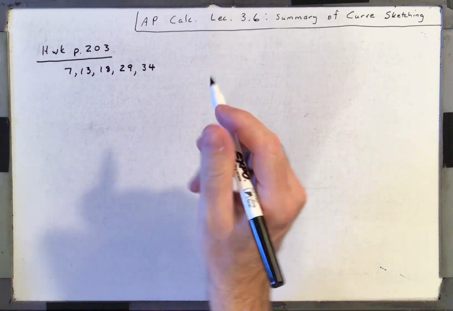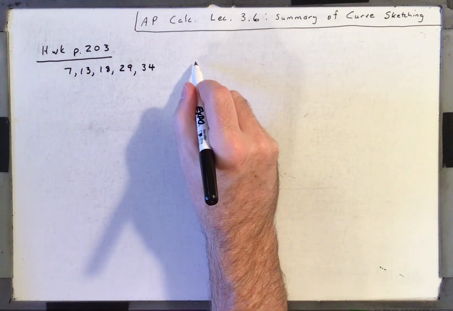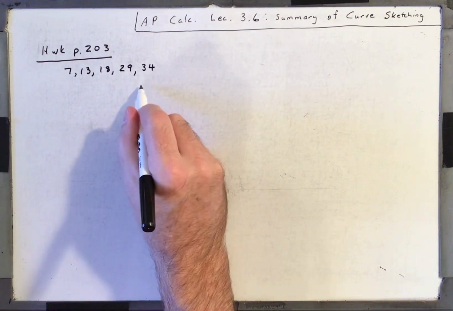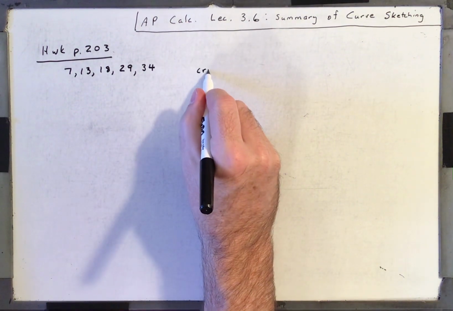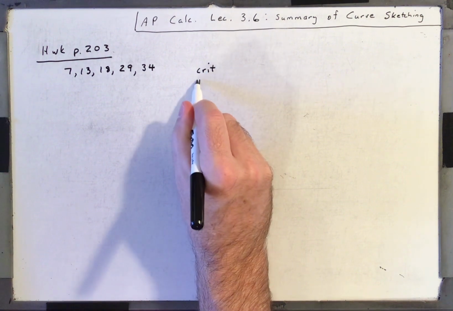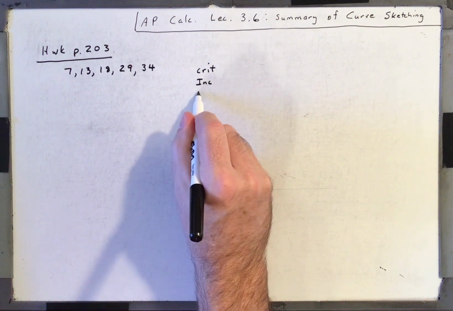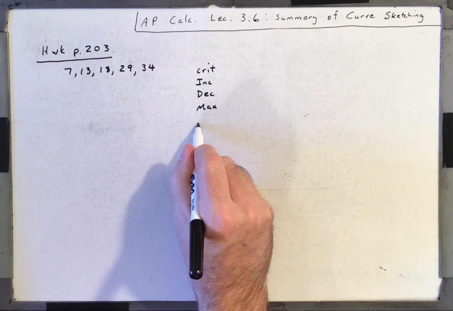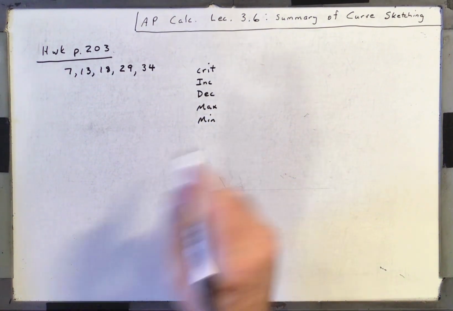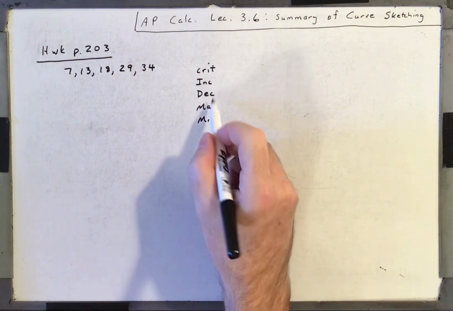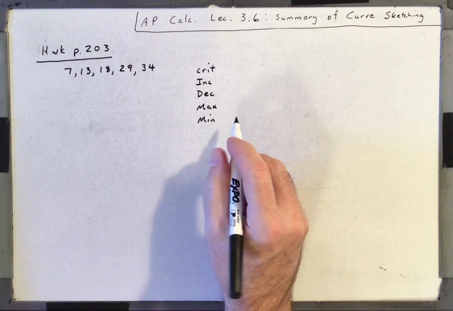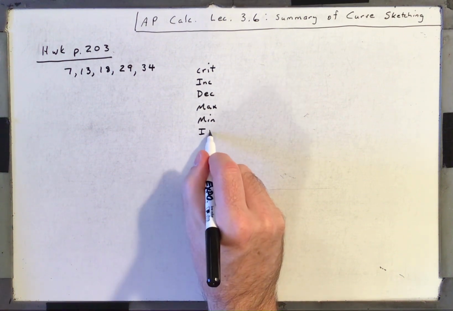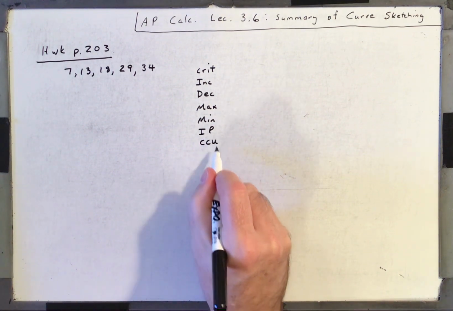Okay, so on this, I want you to give everything. So your instructions are: find the critical point, the intervals where they're increasing, decreasing, max if there is one, a minimum if there is, could be more than one, but max, min. Find inflection points. Where is it concave up?